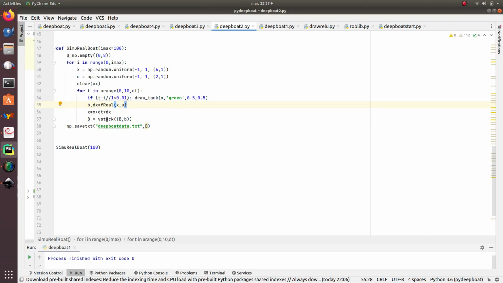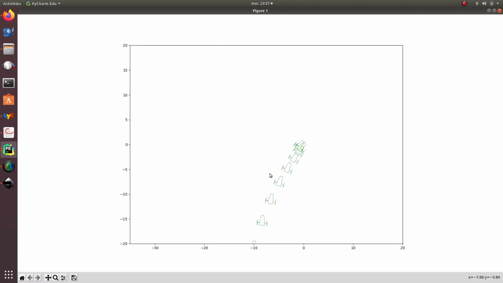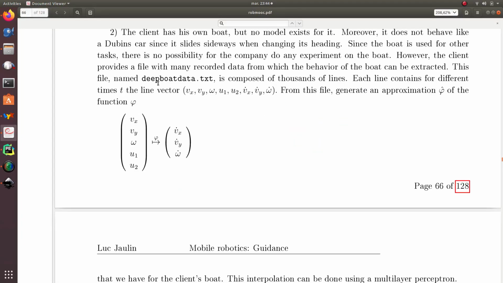Then I extract the vector and save it in the file deepboatdata. I run it, and I have here a lot of simulations. Now I have my file deepboatdata.txt, and it contains all the information that will allow me to estimate phi.